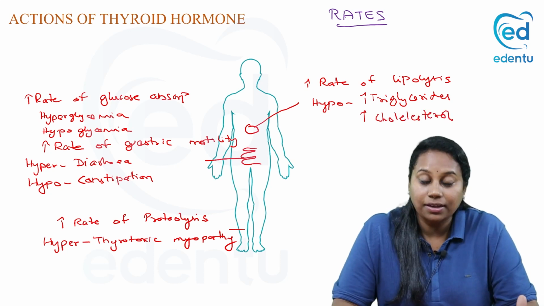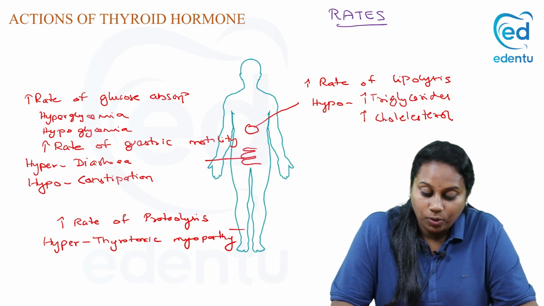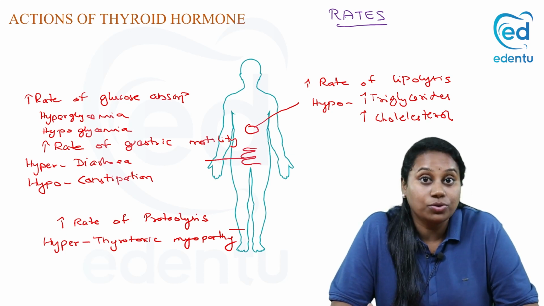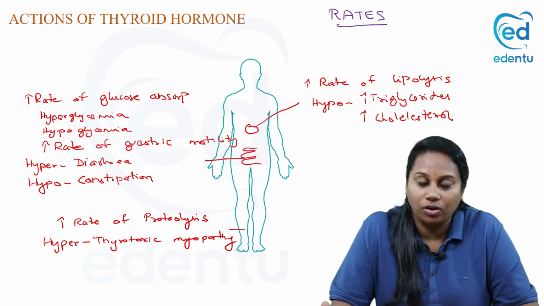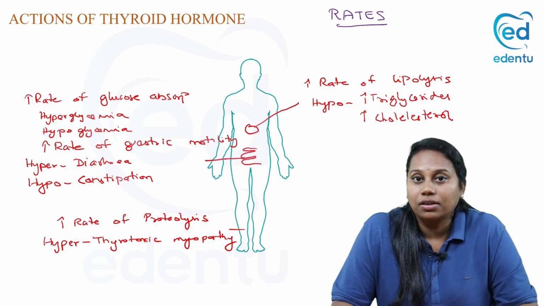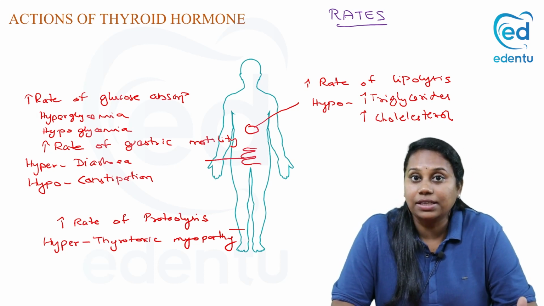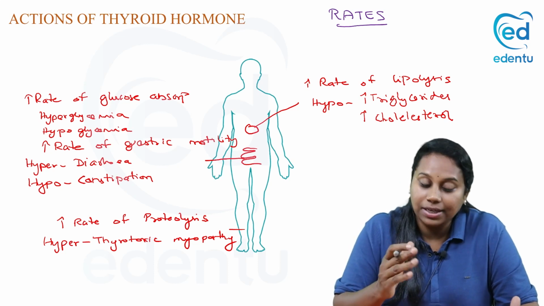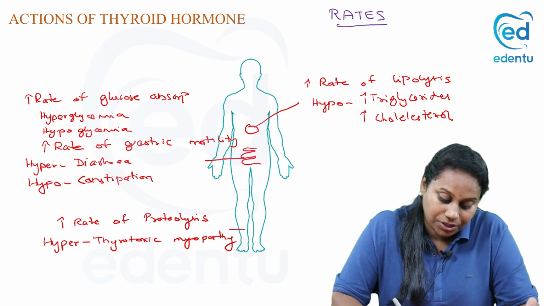So these are all the clinical presentations of hypo and hyperthyroidism, and you know how to relate them with the actions of thyroid hormones. And on the whole, thyroid hormones, apart from increasing all these rates, also increase the basal metabolic rate, which is very, very important to remember.